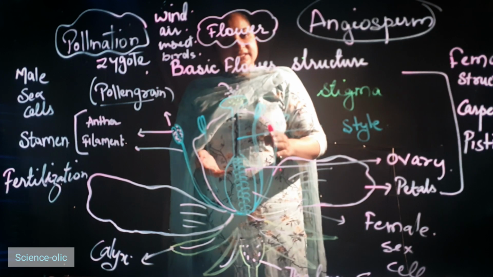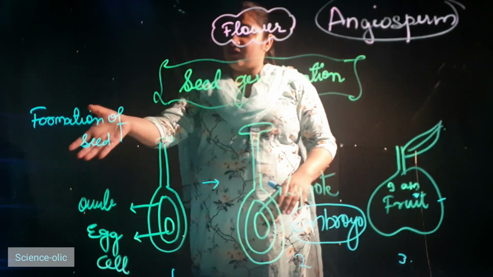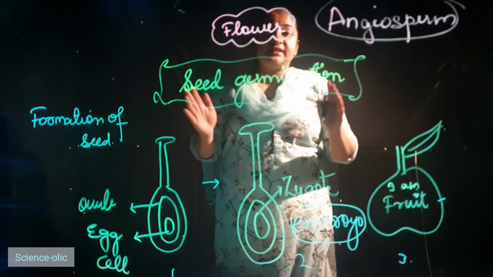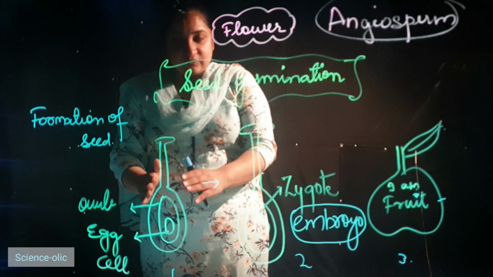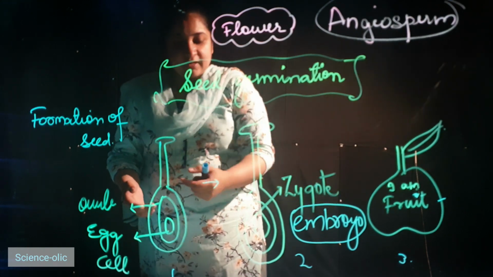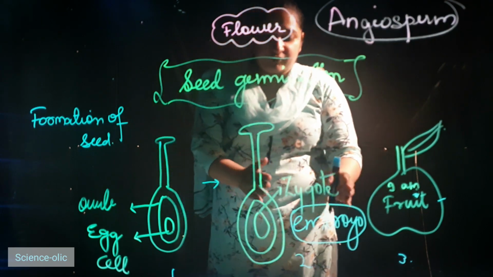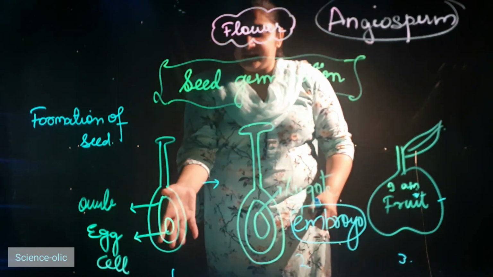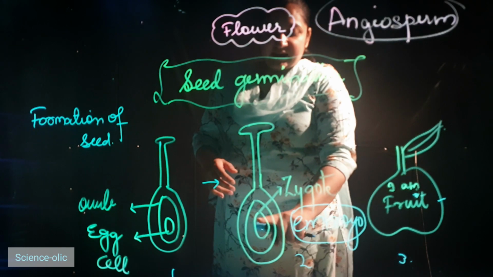Multiplication of cells takes place. And in the third step, the fruit is formed. In this picture you can see first the flowering occurs, then the ovary expands after fertilization and forms the fruit.